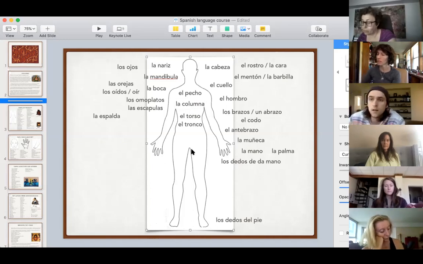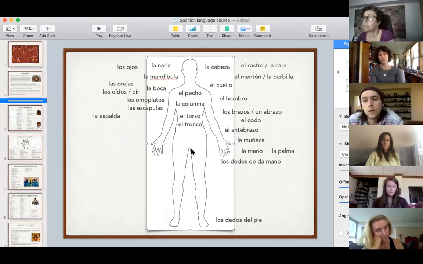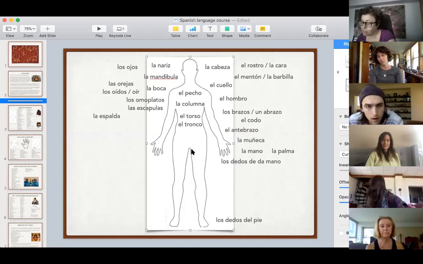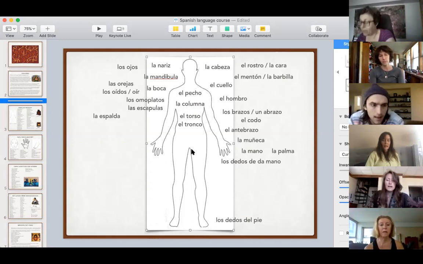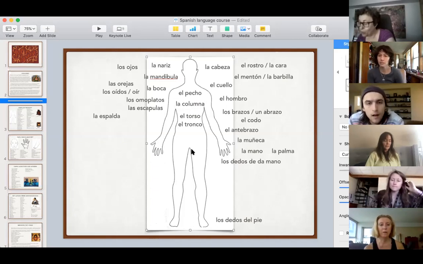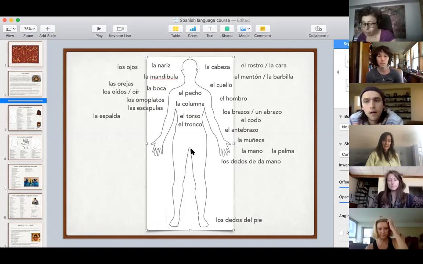So it's not how we might pronounce it in English, but we really need to make the O and the U. So let's pronounce it together. La columna. La columna. La columna.